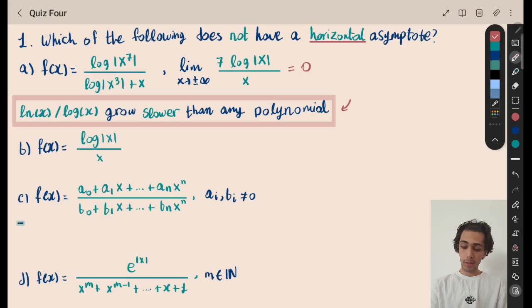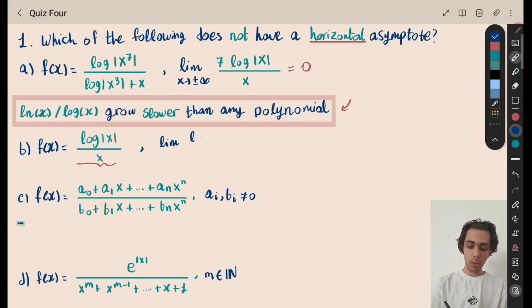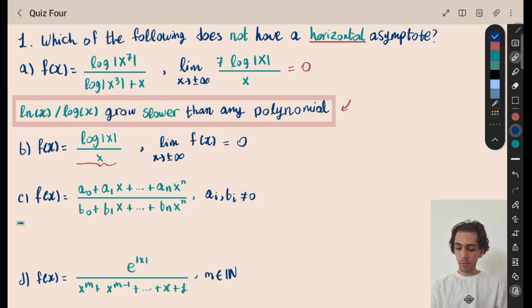And to our luck, it happens to be that we have the exact same case here. So it's log of absolute value of x divided by x. So in that case, the limit, as x goes to infinity or minus infinity, of the absolute value of f of x, I won't write the expression because that'll take us too much time, would be simply also 0.